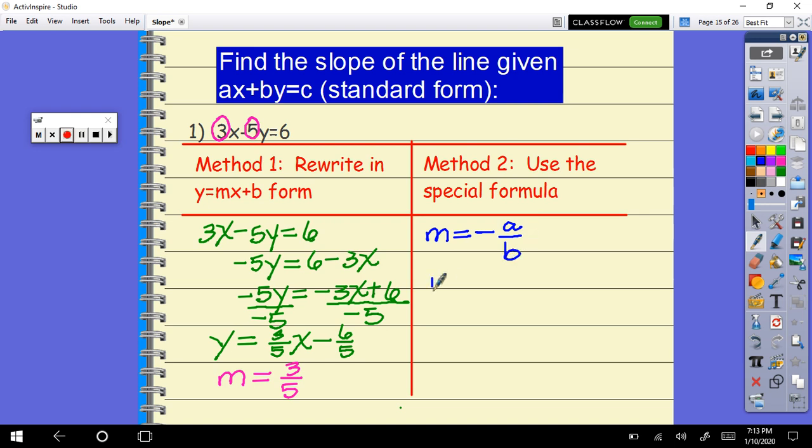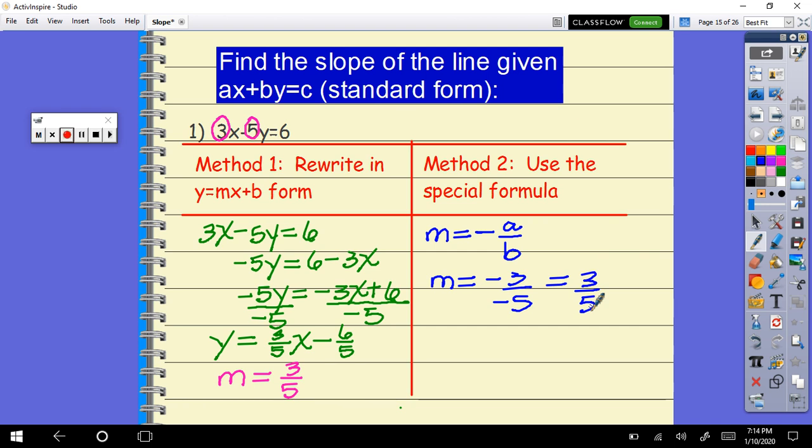So if you use this formula whenever you have standard form, you can say the negative a is negative 3. The b is negative 5, and negative over negative becomes positive. So see, I get 3/5 this way, just like I did with the first method.